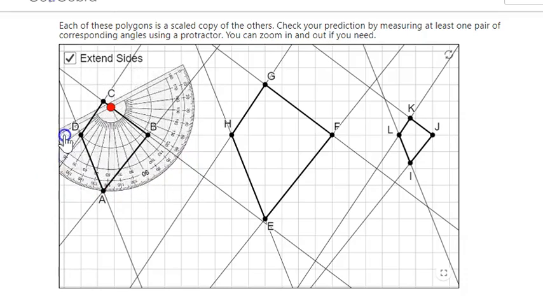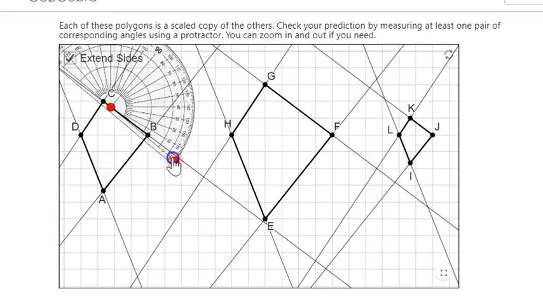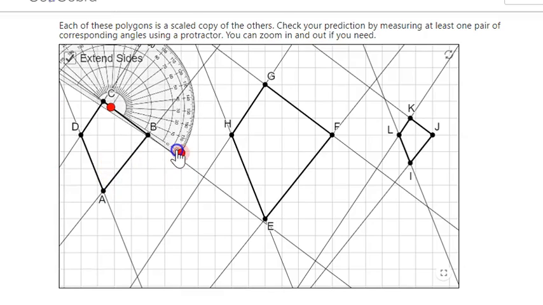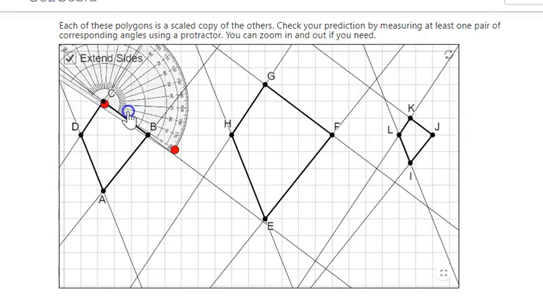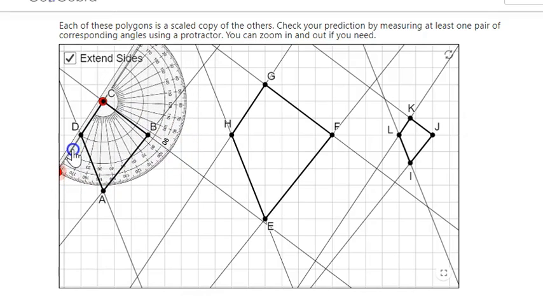All right, let's see here. Well, I'm having trouble here. Let me see. Oh, there we go. Okay. Angle DCB is what? 80 something.